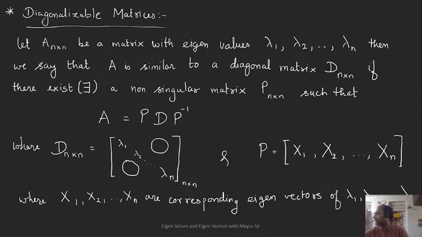This is the original definition of a diagonalizable matrix. Okay, so if you are comfortable with this, we can go ahead. So these are the corresponding eigenvectors of lambda 1, lambda 2 up to lambda n.